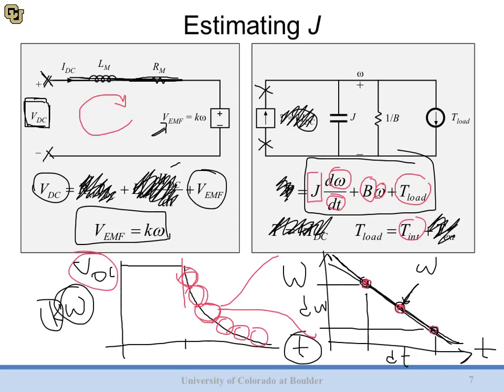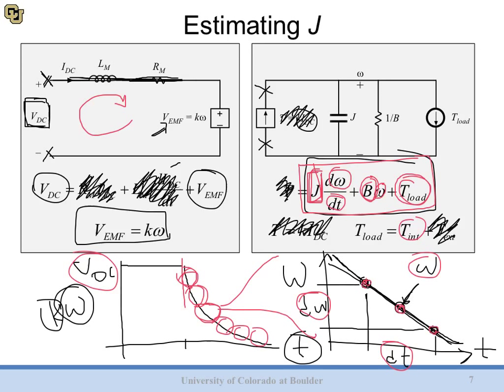From each of those we can find a dt, a d omega, and an omega. You can plug those into this equation along with the parameters we've already estimated, and we can use those to get an estimation for our J parameter. So do that a few more times, put it into an Excel spreadsheet, and you could get a pretty good estimation of J.